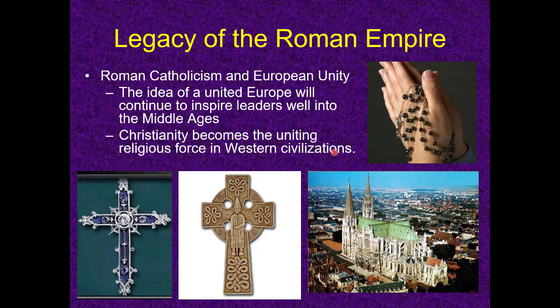The popes of Rome are going to continue to try to continue kind of Roman ideals during their time. Even guys like Napoleon, and to a very small extent, Mussolini and Hitler were trying to reestablish the greatness of the Roman Empire in their own way. And of course, they had some really weird ways to do it that were not so great. But Roman legacy still exists.